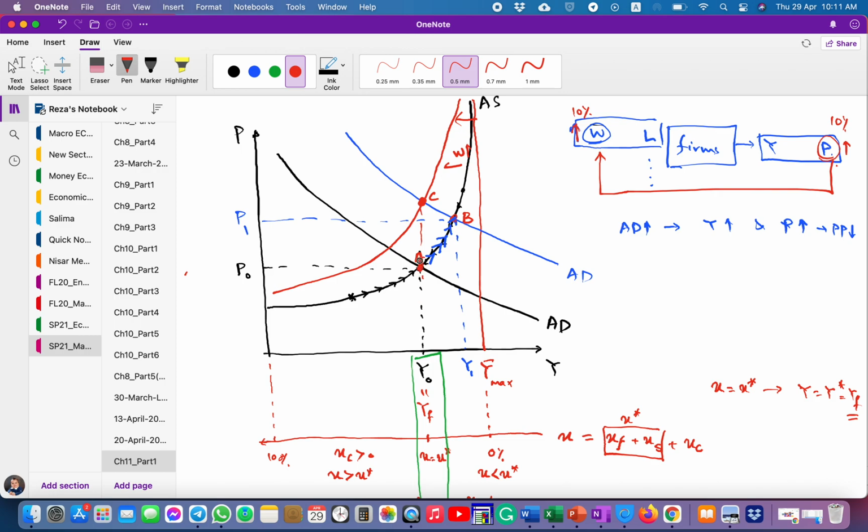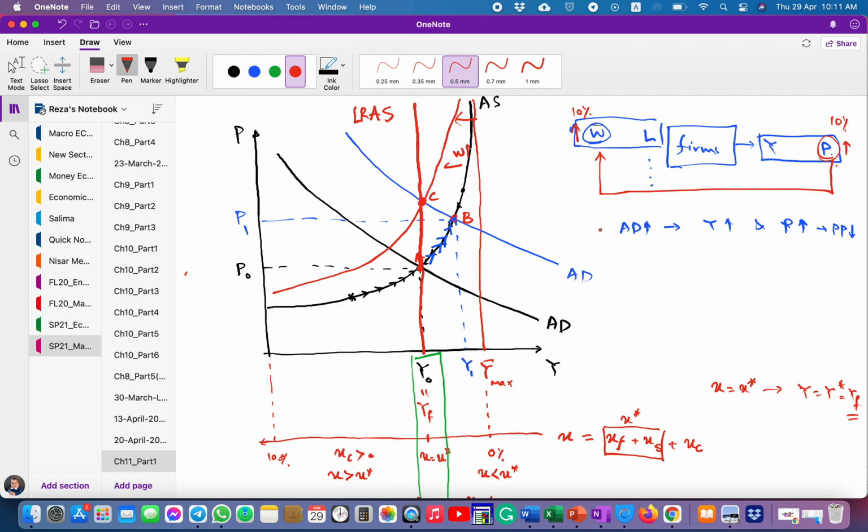So we would say that the line which shows the settlement in the labor market also taking place is the long run aggregate supply.